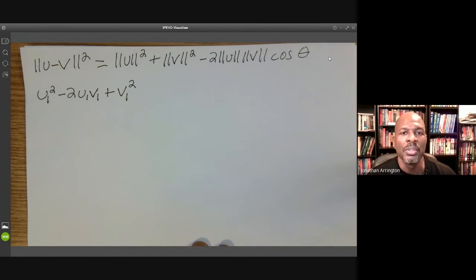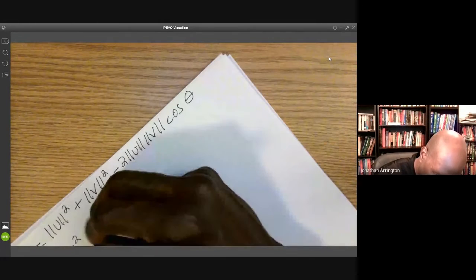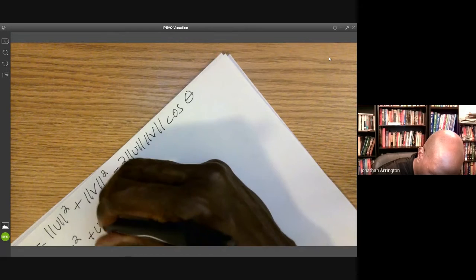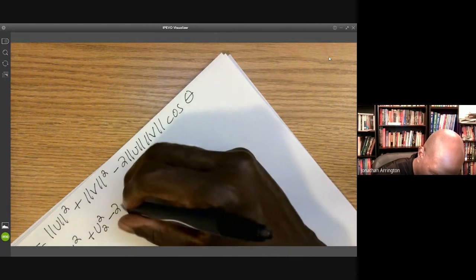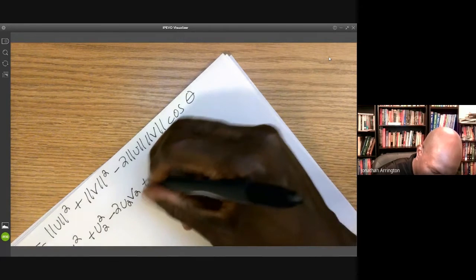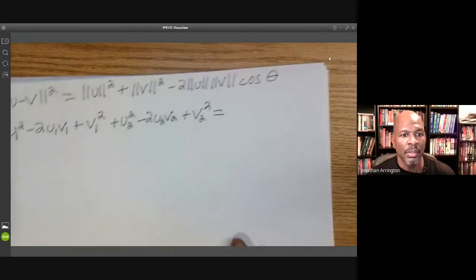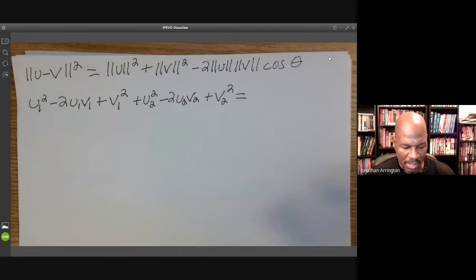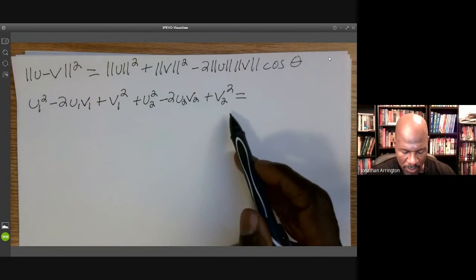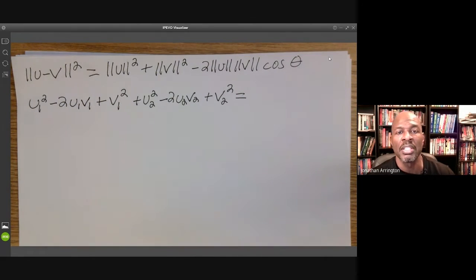And now I'm also going to do u2 minus v2 squared, which would be u2 squared minus 2 u2 v2 plus v2 squared. All right, so that's what we get there. Now, believe it or not, this very long expression is simply the result of doing the norm of u minus v squared.